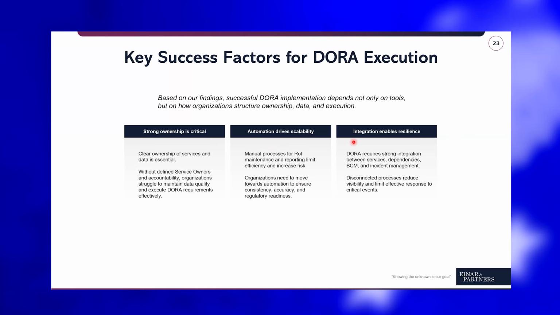So just having the data model is not good enough, but actually being able to integrate the wider landscape here, BCM, business impact assessments, other aspects, that's really when this starts to become powerful for regulators, but not only for regulators, actually also for the organization itself.